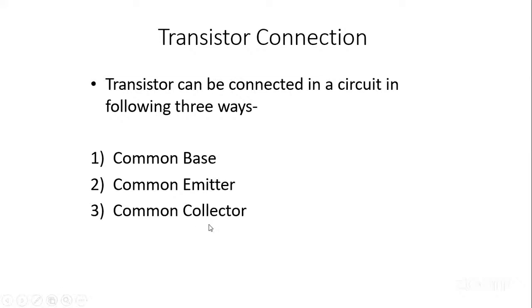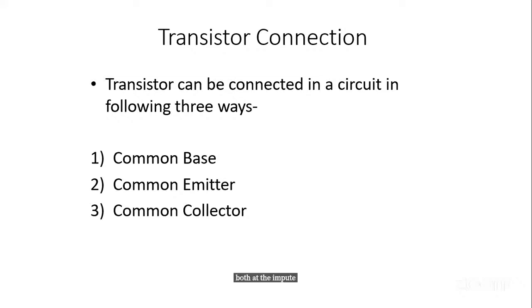So when we have a common base configuration, the base is common to emitter and collector. The base is like at the center, is grounded, and it's common to the input and to the output.